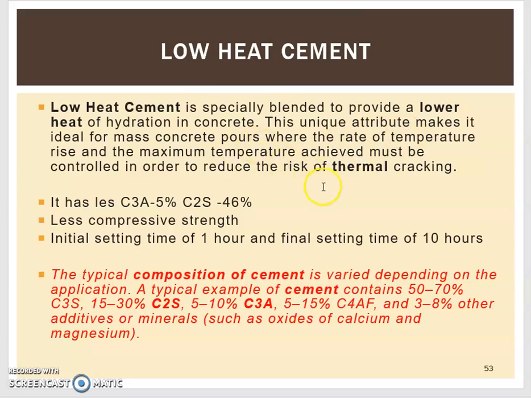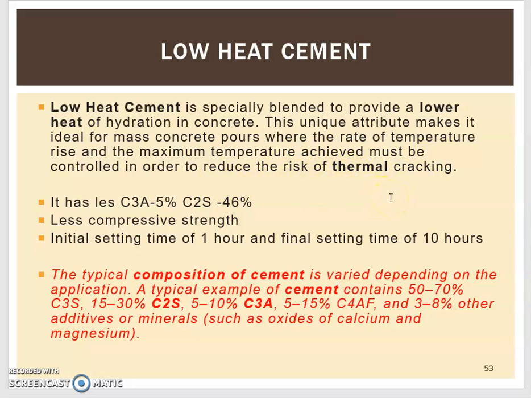Can you give me an example of mass concrete structures? The primary one is dams. I probably have mentioned this before. In the case of dams, you need cements which have very low heat of hydration, because maximum temperatures achieved must be controlled in order to reduce the risk of thermal cracking.